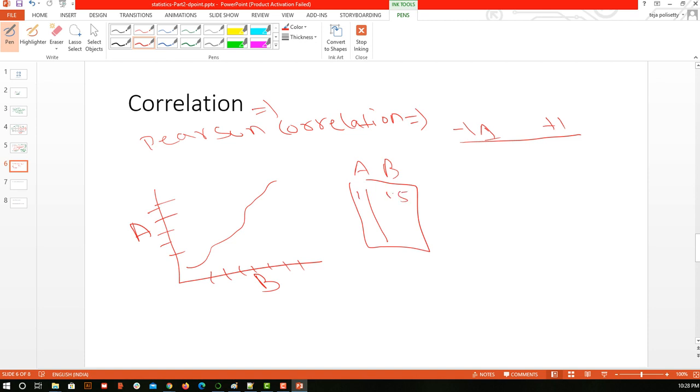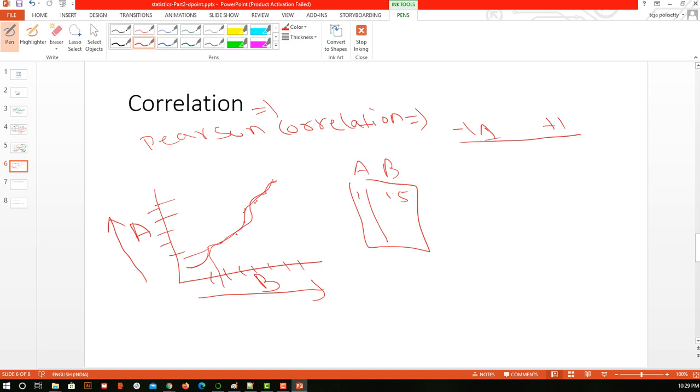So A is 1 here and B is 1.5 here, and this will be my 1 point. Similarly I will plot other points, and finally if I see the trend in those points, I can say that as the B value is increasing, the A value is also increasing. I hope that makes sense.